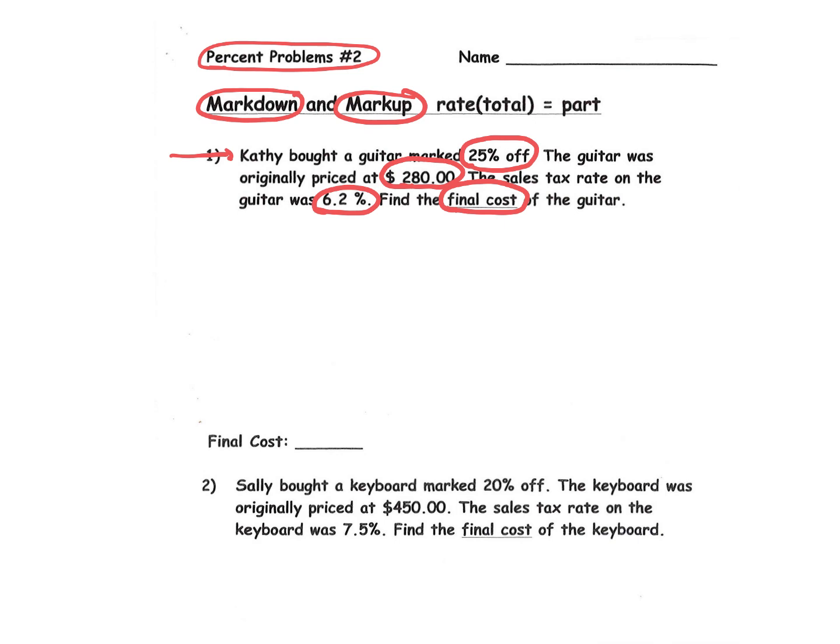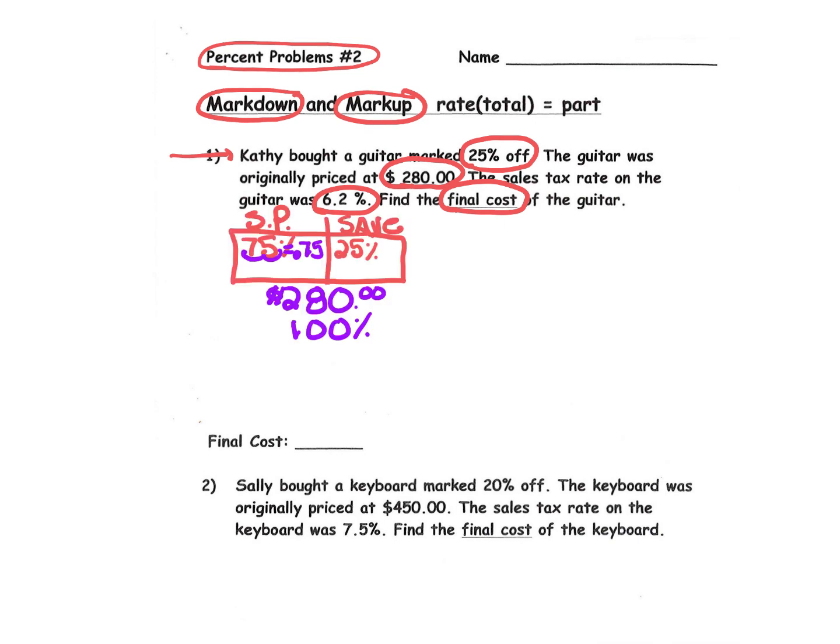Let's start our first diagram. Our first tape diagram should be 100%, and it should be cut into 2 parts because it's a mark down. We need to find the sale price of the guitar. So we're going to use the 75% or 0.75 hundredths as our rate to find the sale price.